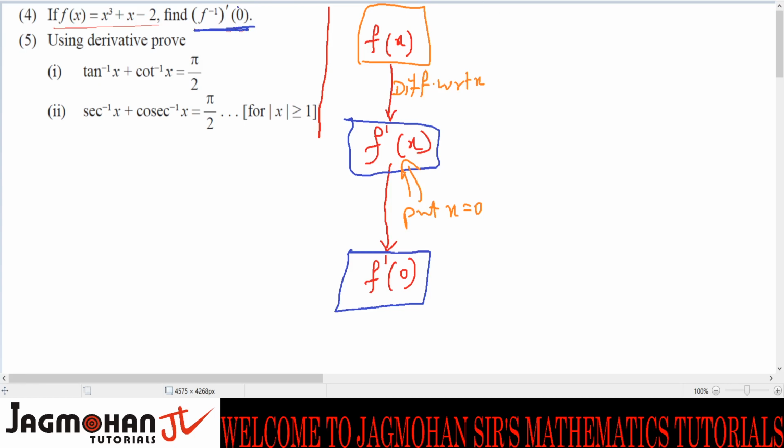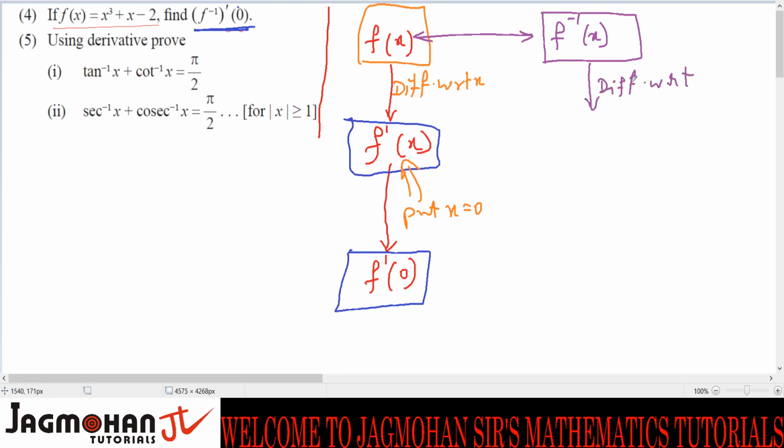What you have to understand here is that as you have f of x, the inverse of f of x is f inverse x. It is the inverse function of f. Then I will differentiate this with respect to x.